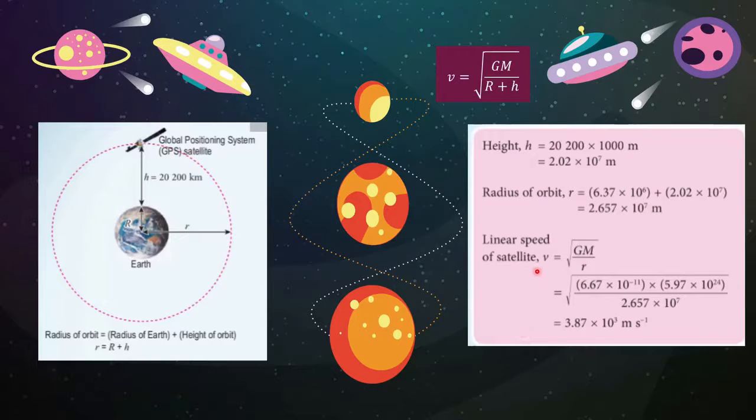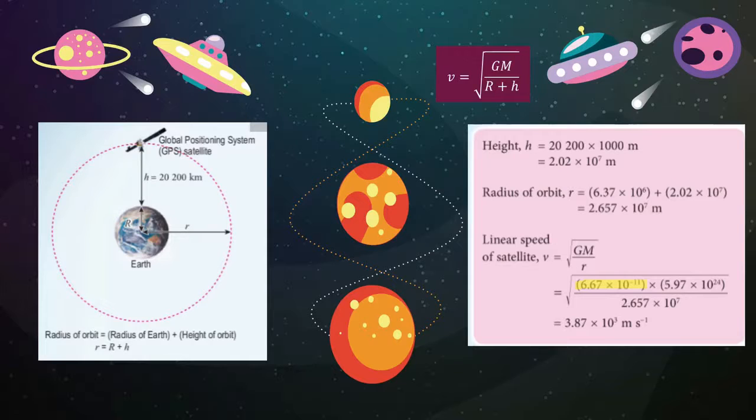Okay, first we must find out the G and the small letter r, right? G is the universal gravitation constant. An important information: universal gravitation constant is this.